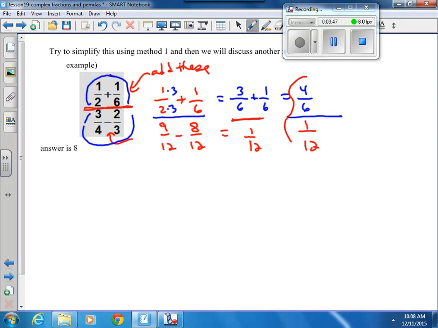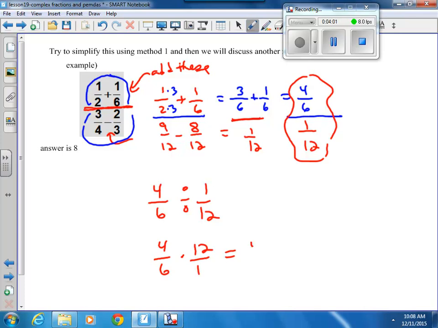After all that sweat equity, now we've got 4/6 divided by 1/12, which really means 4/6 multiplied by the reciprocal. If you just travel straight across, that takes you to 48 over 6, which is 8. And that was the final answer.